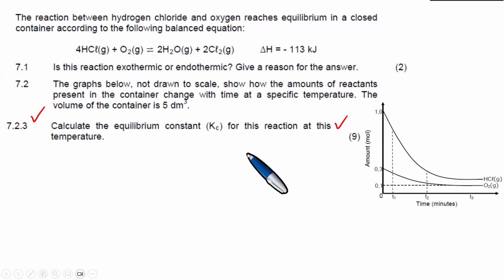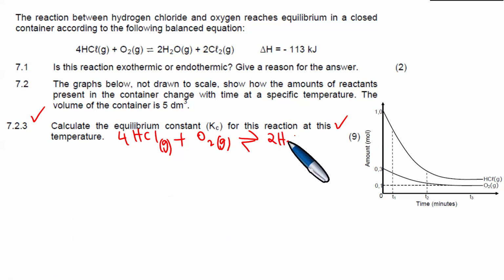To calculate the Kc here, there are a couple of things we need to take into account. We have the reaction: 4HCl plus O2 gas gives 2H2O plus 2Cl2 gas.